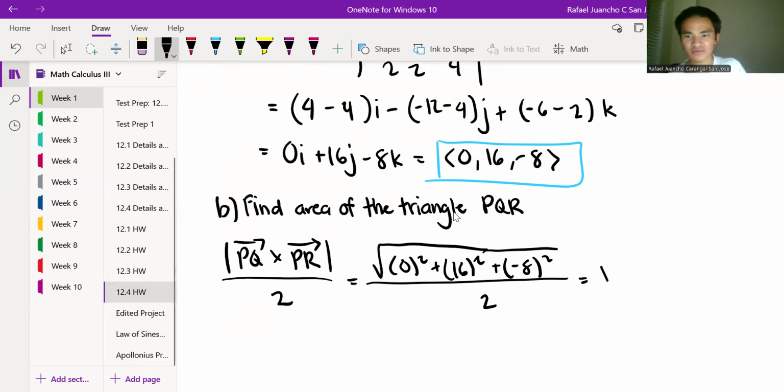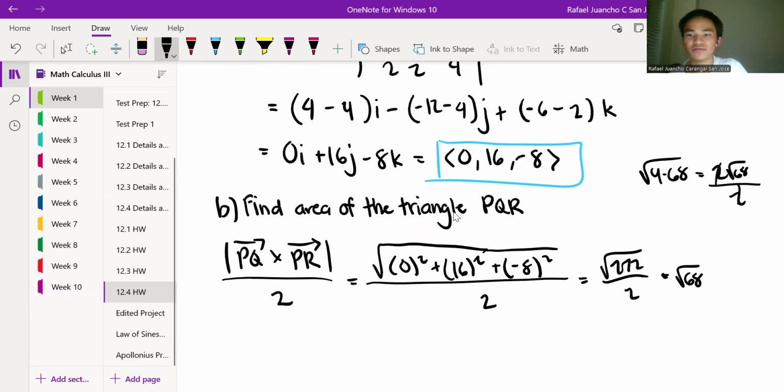Square root of 272 over 2. That's it. Can I simplify, make it cleaner maybe? Maybe divide it by 4. Okay. Yeah, I can do that. So we actually have square root of 68, because 272 is 4 times 68. Cancel the 2's.